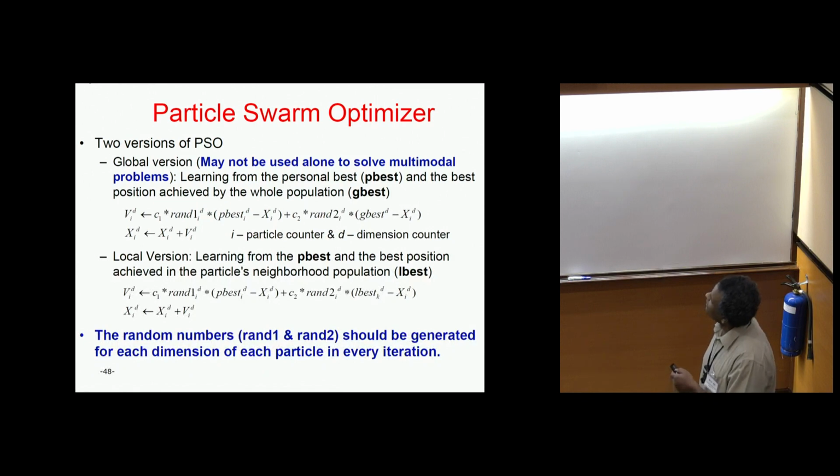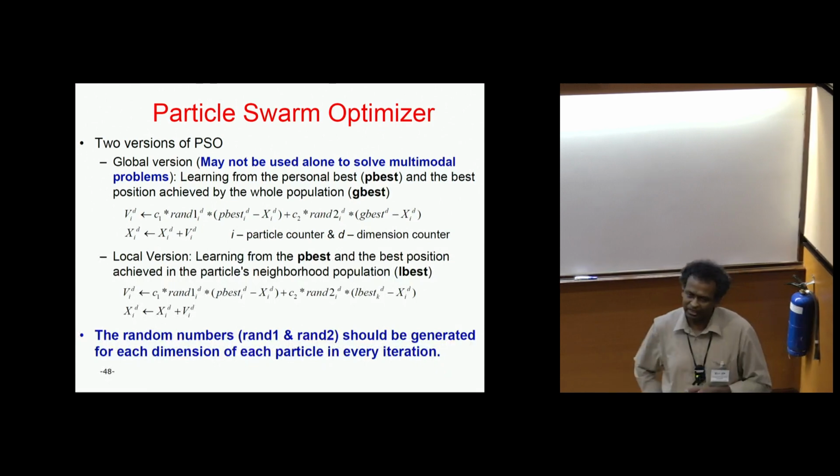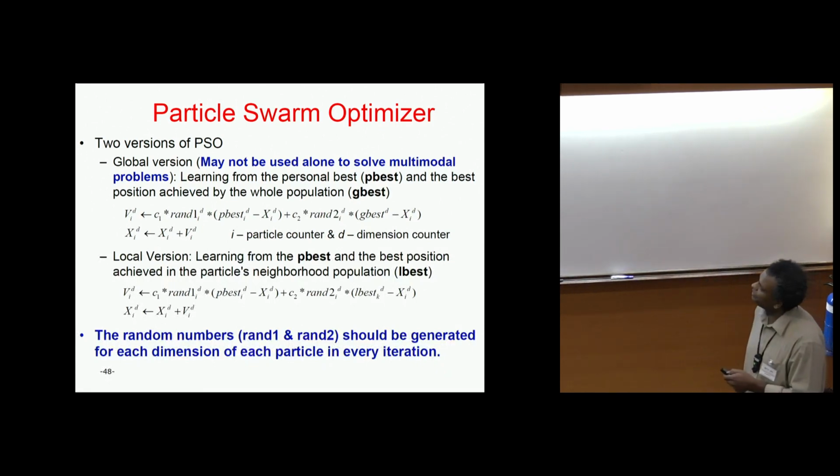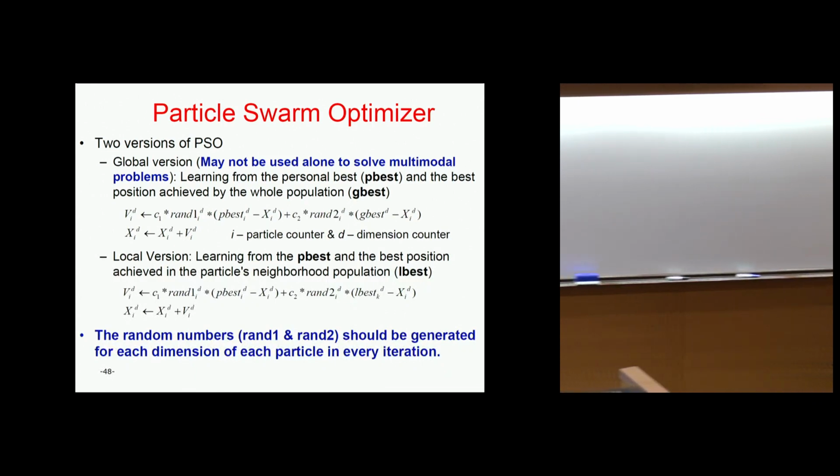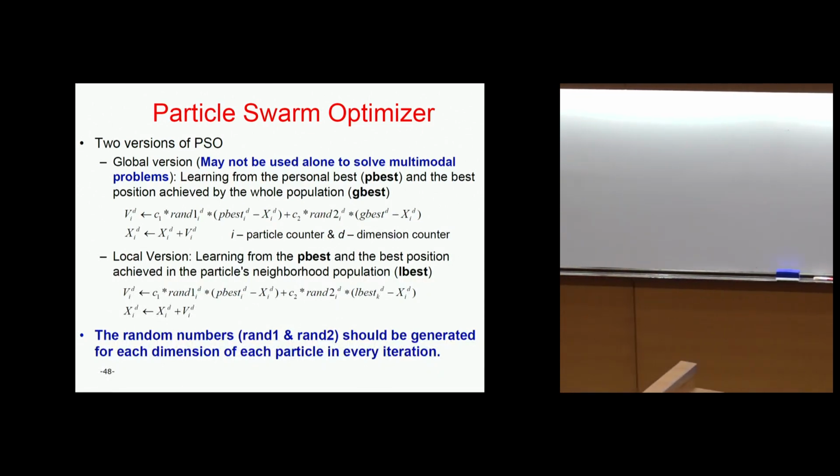So this is velocity update and this is position update. Position update is done by adding the velocity to the previous position. If you want, you can include a generation counter, but the generation or iteration counter is not there. So this is the current position, you add the velocity, you will get the next position.